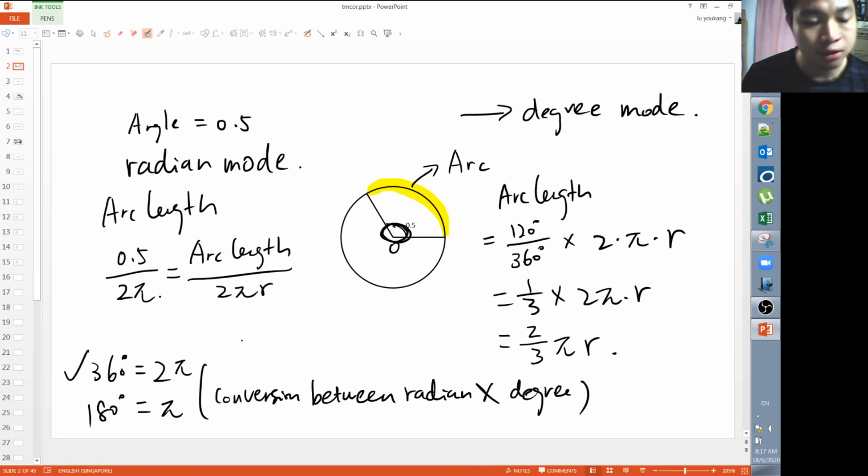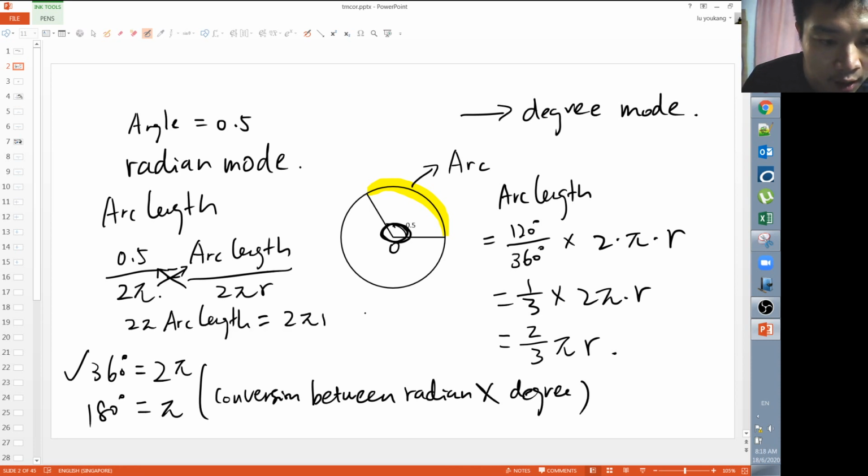You can simplify this entire thing: you cross multiply first, so you have 2 pi times the arc length equals 2 pi r times 0.5.